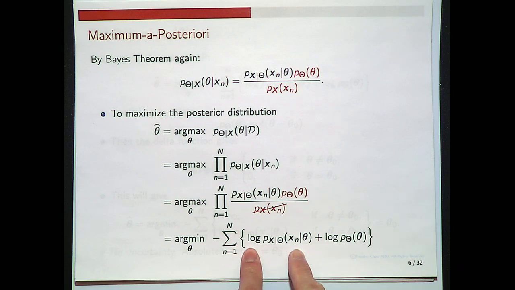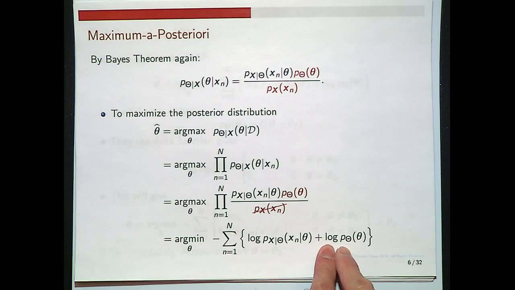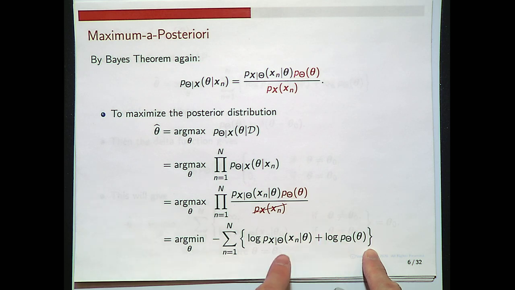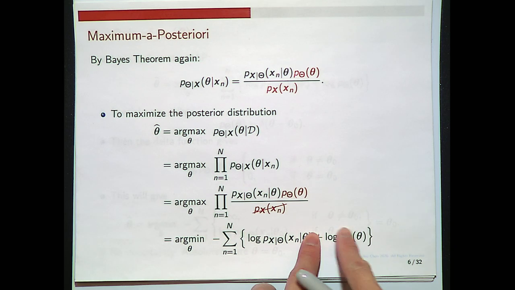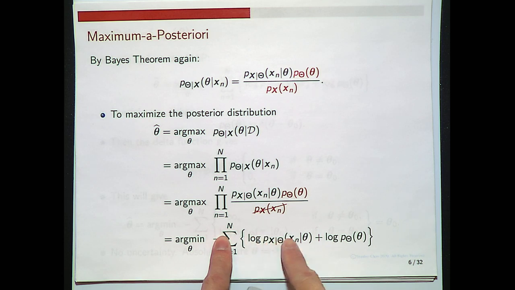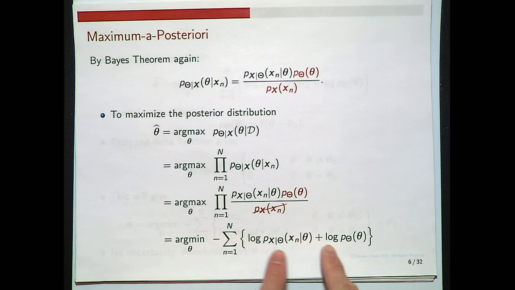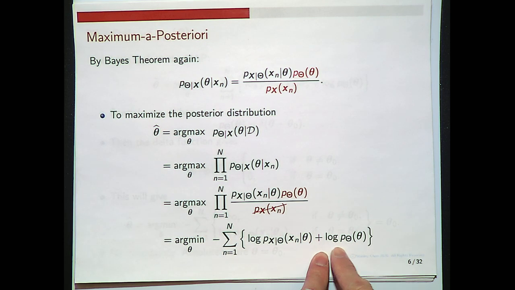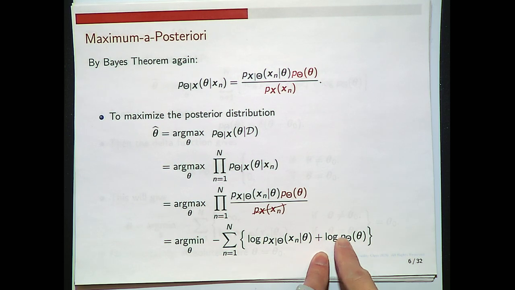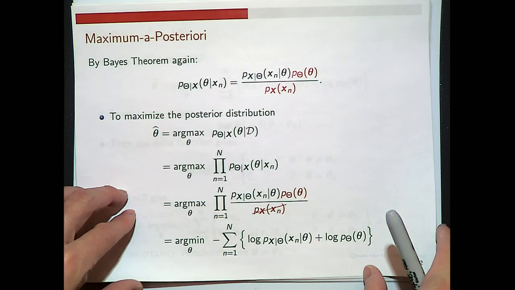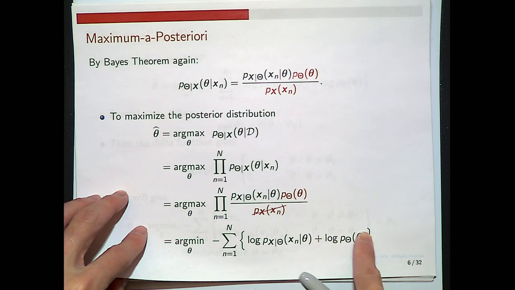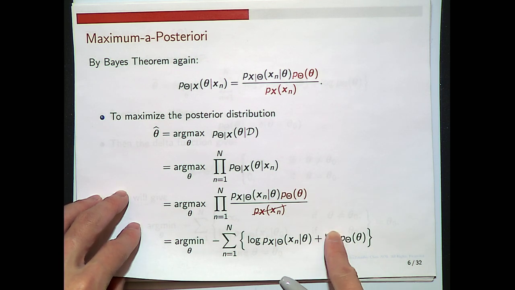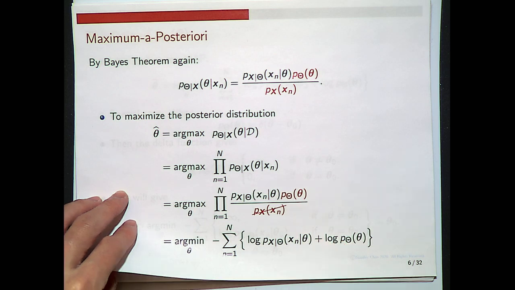This is just the log of the likelihood. This is the log of the prior. So essentially, you're just adding one additional term to the maximum likelihood estimation. Okay? So you can treat it like a regularization. I will come back to this point in the next lecture. How do we view this as regularization and what is the meaning of that? We'll come back to this point later.